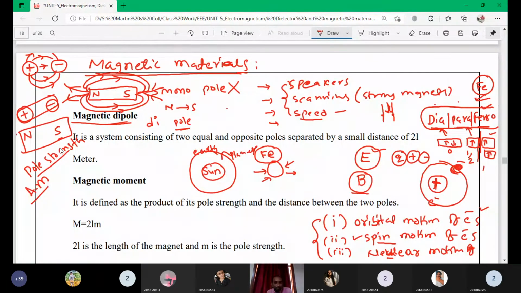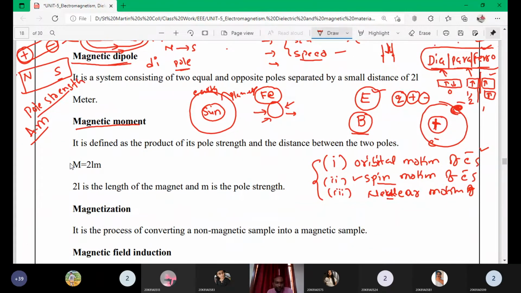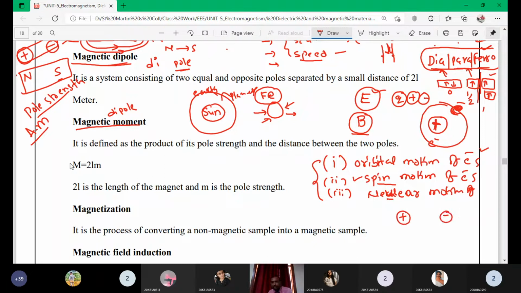Next one, magnetic moment. We have studied the electric dipole moment; here also you can write magnetic dipole moment. What is the definition of electric dipole moment? Here plus charge and here minus charge. What is the electric dipole moment?